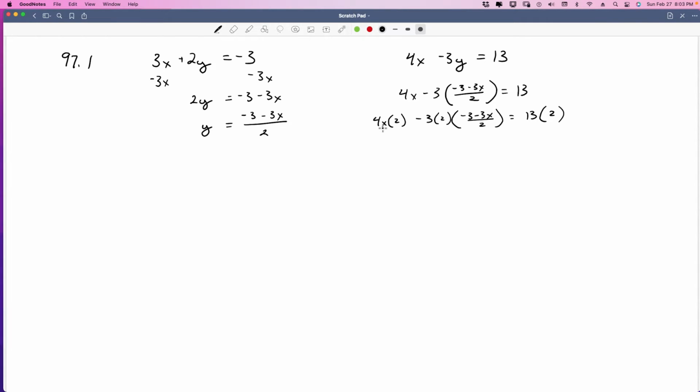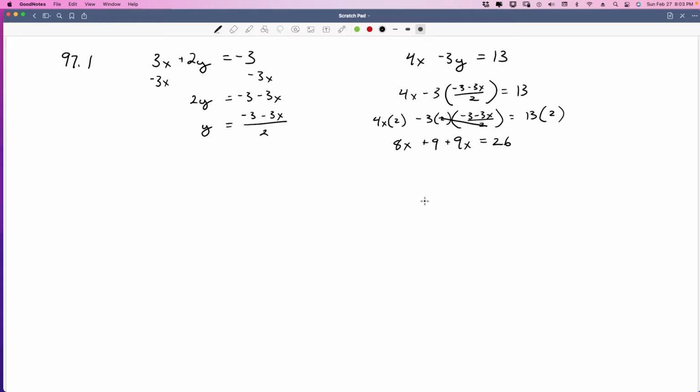So now let's do the multiplication. 2 times 4x is 8x. And when I multiply here, the 2's are going to cancel. Negative 3 times negative 3 is going to be a positive 9. Negative 3 times negative 3x is going to be a positive 9x. And 2 times 13 is going to give me 26.